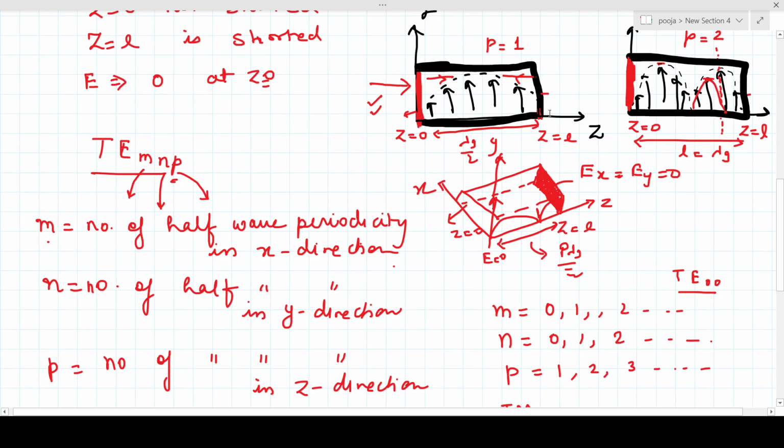TE102 mode means the number of half wave variations along x is 1, along y is 0, and along z is 2. In TE102 mode, there are two half wave variations in the z direction.